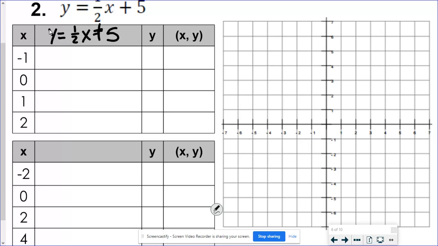Oh, that's horrible, I'm sorry. Y equals 1/2 x plus 5. So if I substitute my normal numbers in, again, I'm going to go through this pretty quickly. I'll have 1/2 times the -1 is -1/2 plus 5 is going to be 4.5.